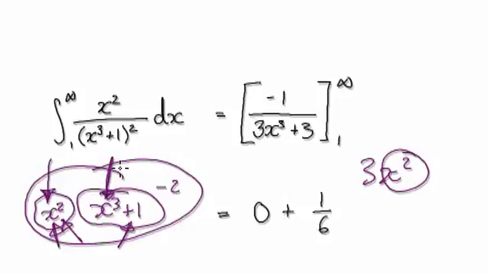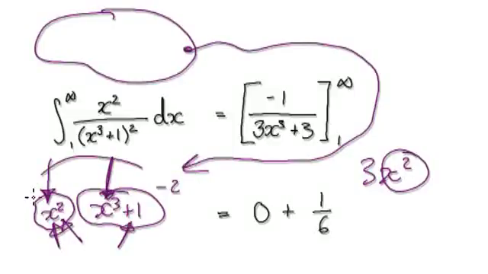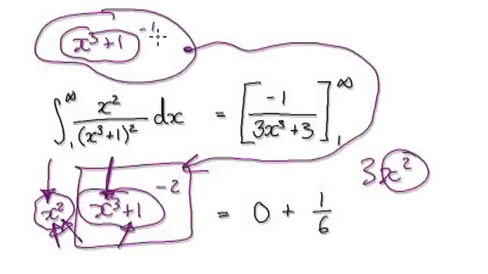So me asking you to integrate this is me asking you to look for something in such a way that when you differentiate it, it gives you this whole thing here. If you just concentrate on this bit here, if you integrate it, it's going to be one notch higher than this. So if you were to make your initial guess (x^3 + 1), and then one notch higher than this, that would be minus 1.